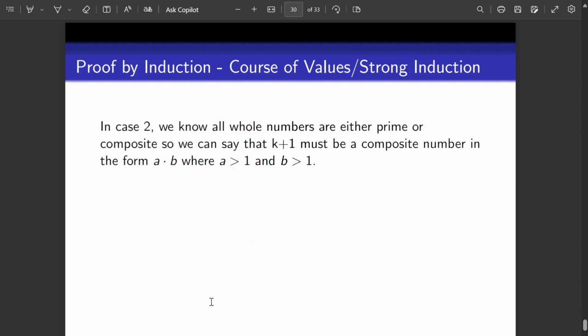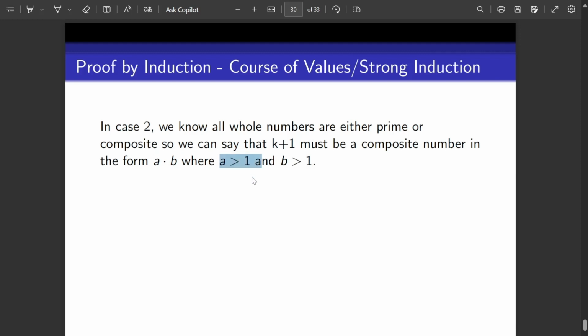How we do that is because any whole integer number is either composite or prime. So if k plus 1 is in case 2, it must be a composite number, which means it can be written in the form a times b. Remember the dot is times. A times b, where a is greater than 1 and b is greater than 1.